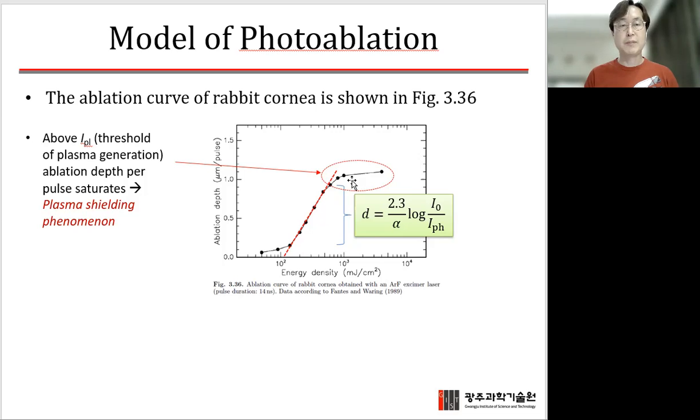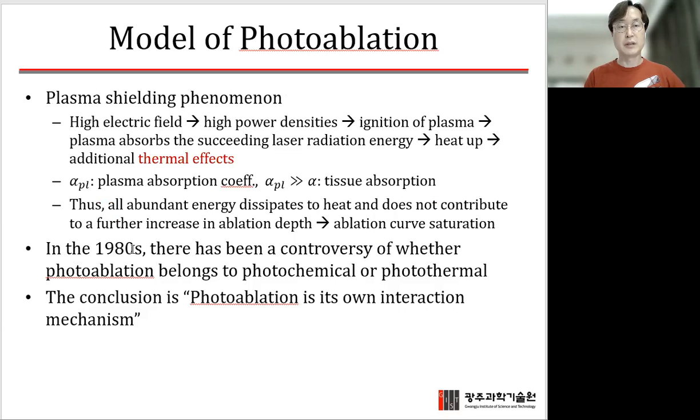So beyond that plasma-induced ablation threshold, the plasma shielding phenomenon happens, which can be seen in the next slide. So what is the plasma shielding phenomenon?